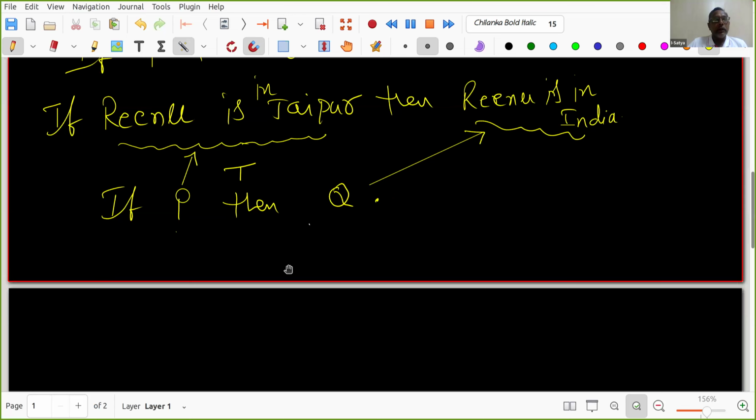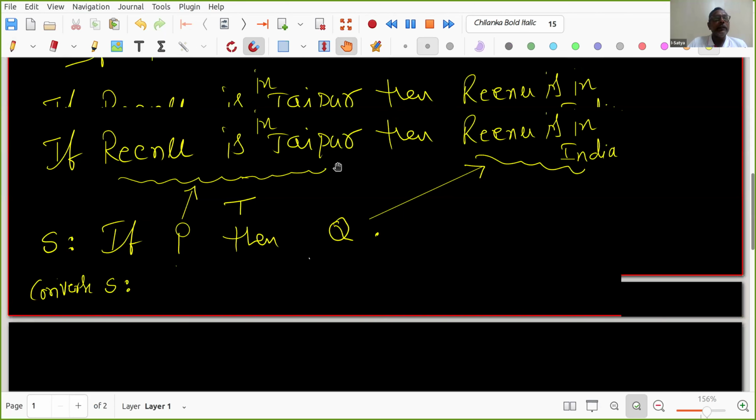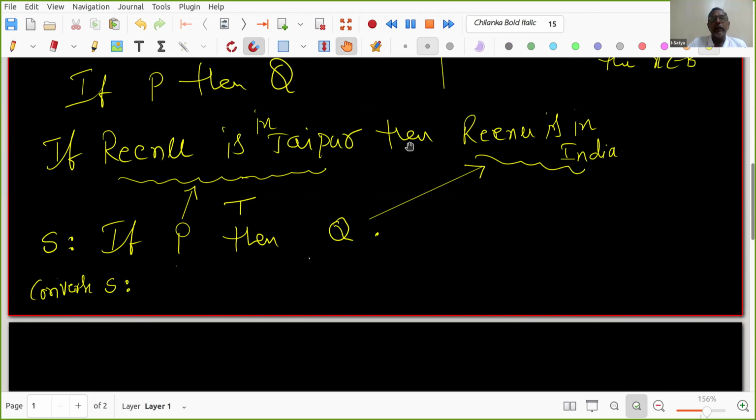Okay, good. So whenever you have a statement, there is something called the converse. For example, here: if Renu is in Jaipur, then Renu is in India.